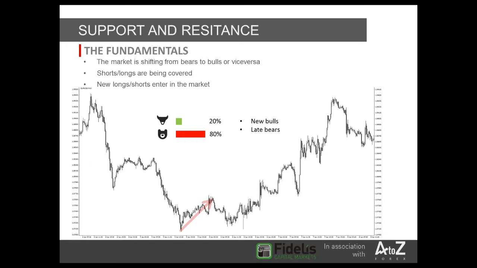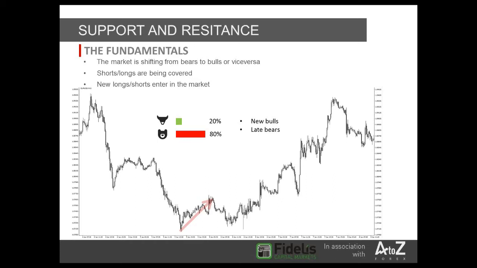Okay, we will never know for sure that it's going to reverse. And I'm presenting this to you because this happens in a support area. Basically, there is a shift between bears and bulls. Okay, the bulls will finally make the reversal.